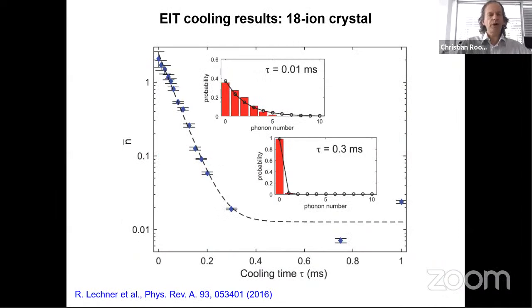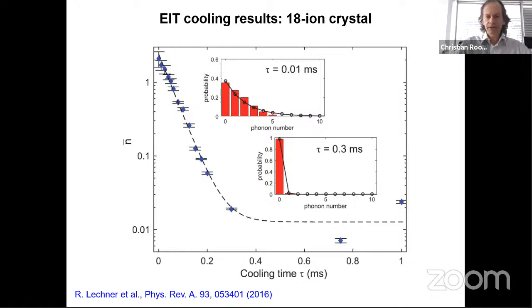And it's possible to analyze this even further, and there's some data here which show you the cooling dynamics, in order to show that you have a pretty fast cooling scheme. And so here are measurements, which I don't want to describe in detail, which provide us with access to measuring the distribution of phonons over the motional states after a given cooling time.